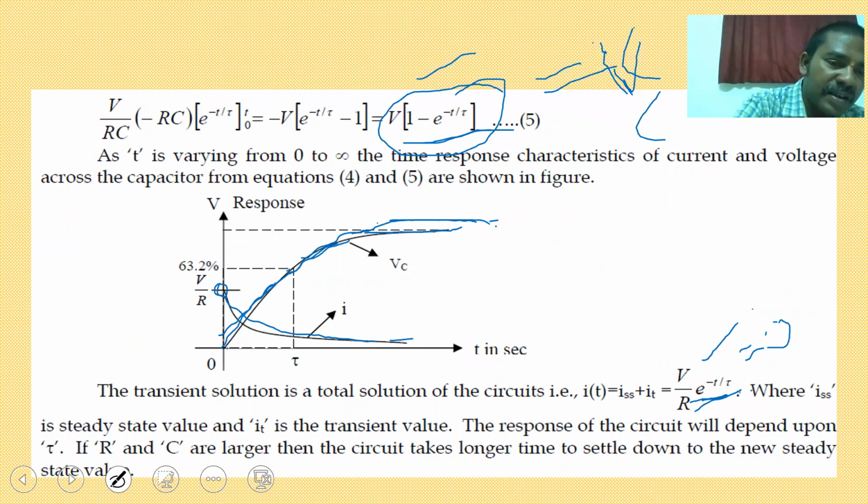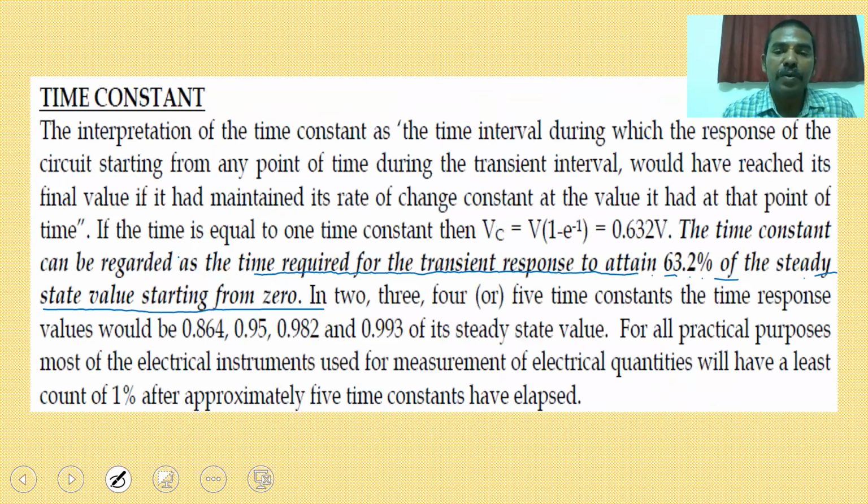Once it reaches 63.2%, how does it reach that? The voltage drop across the capacitor is V into 1 minus e power minus t by tau. If you substitute t by tau equal to 1, you can call it one time constant.